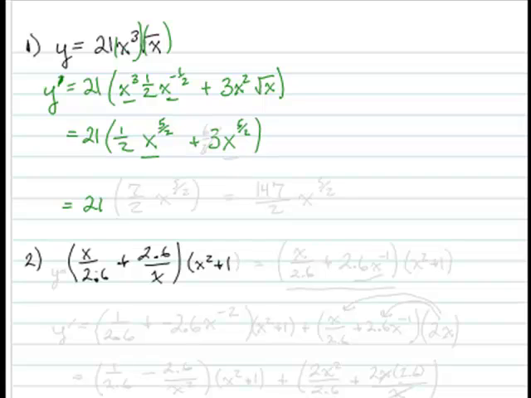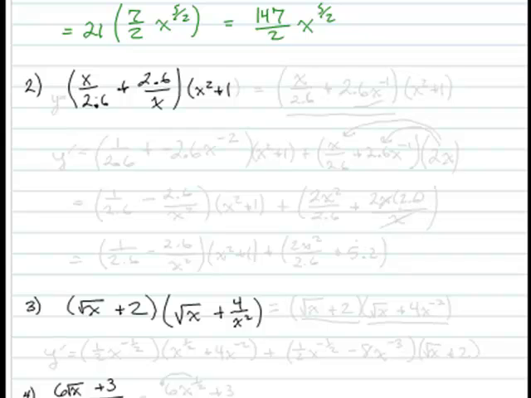We have like terms in here because they're both x to the 5/2. So times, this will be 6 halves. So we have 7 halves x to the 5/2. Multiplying that 21 through, we have 147 over 2 x to the 5/2 is our simplified answer.